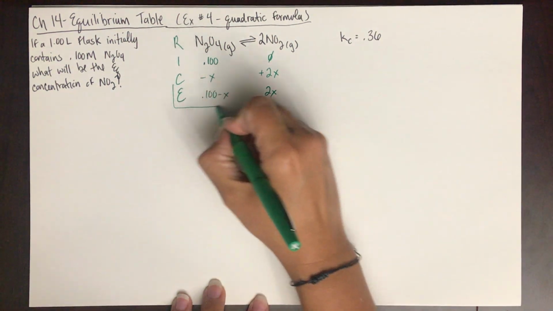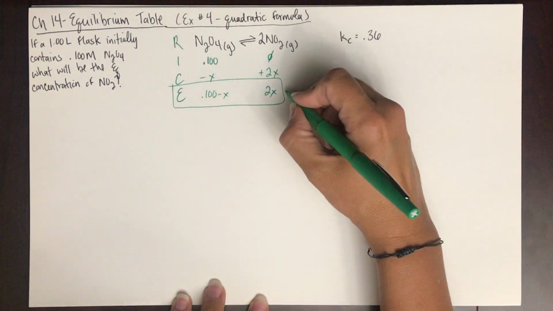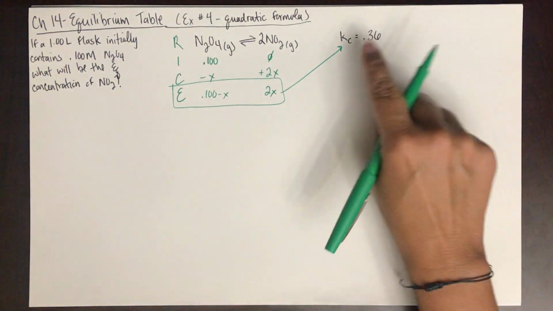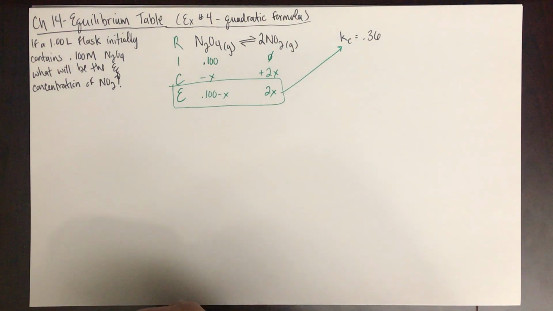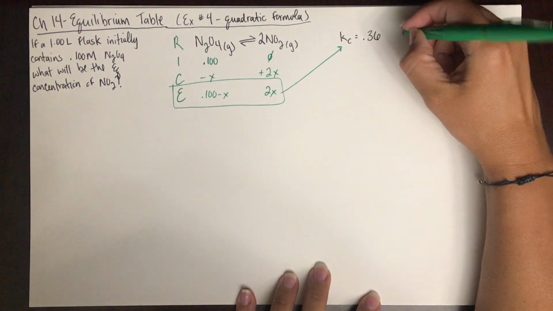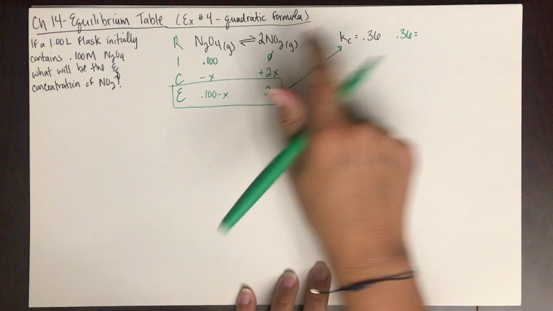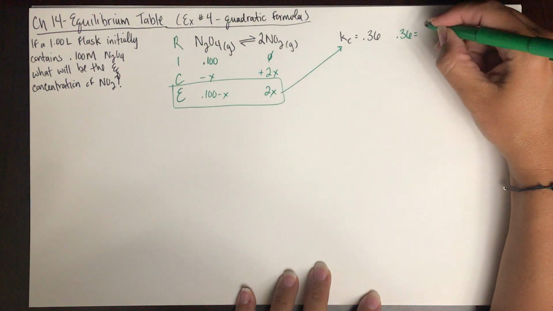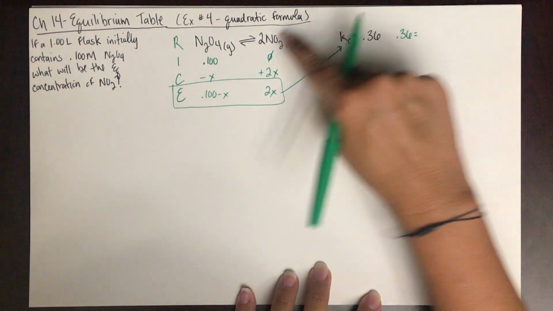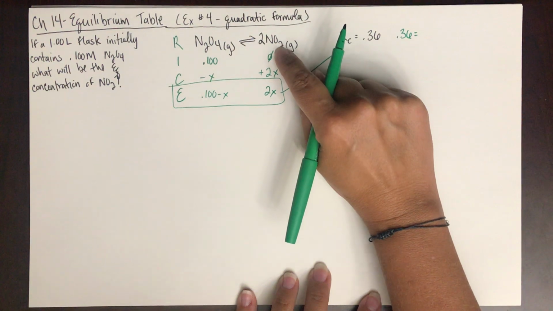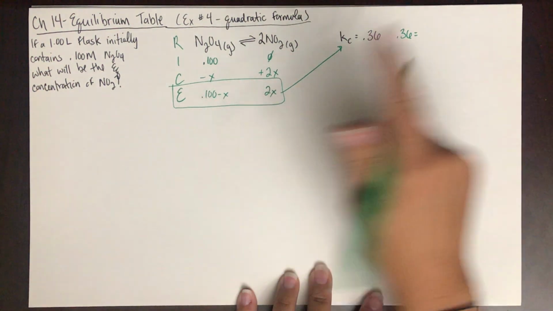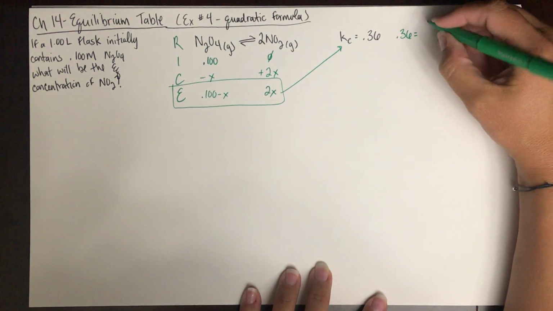So now this line right here is what we use for the Kc, because remember what the Kc is. The Kc is the concentration of the products over the concentration of the reactants at equilibrium. So I'm going to go ahead and write that out. I'm going to write 0.36 equals the concentration of the products, which is, I'm just going to write it out with the compounds first, and then we'll put the actual numbers in.